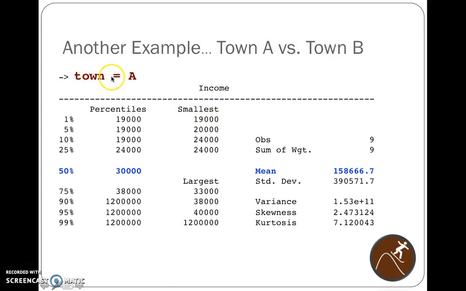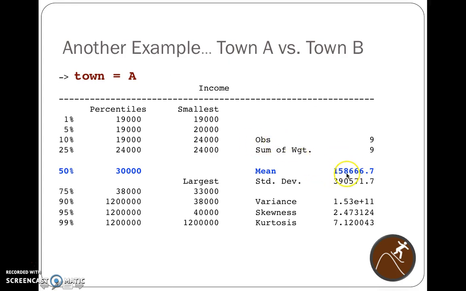So if we look at Town A, we can see Town A has a median income of $30,000. That's a measure of central tendency for that town. The other measure of central tendency, the mean, is heavily skewed. It's 158,000. Eight of the families in that sample make less than that.